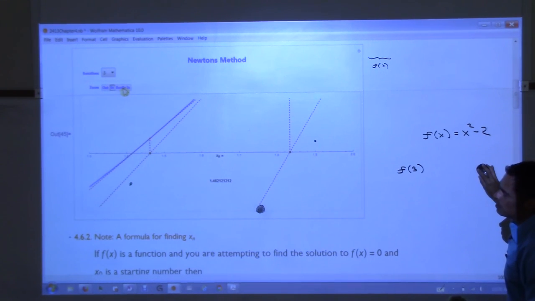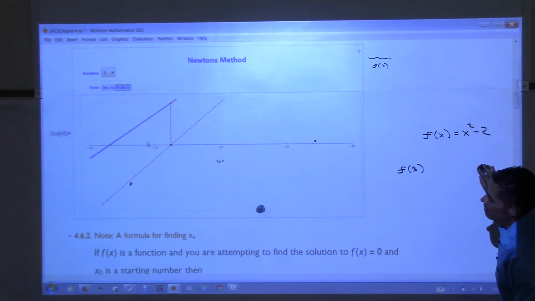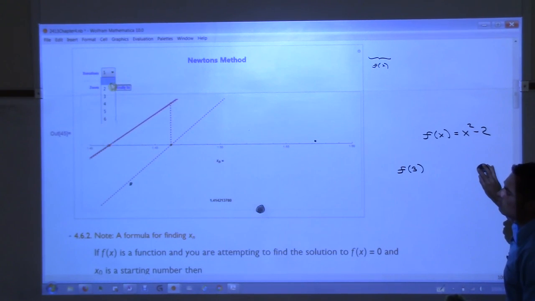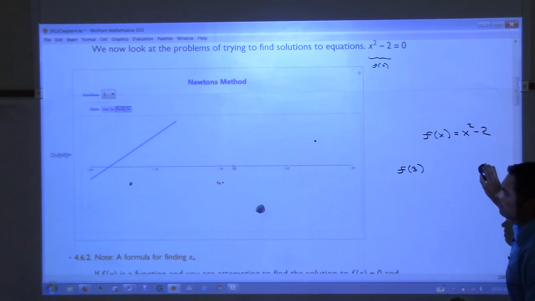So I'm going to zoom really, really far in. And it's still really close, isn't it? And I've only done like 3 or 4 iterations. So if I do maybe 5, you can't even see them in there. But I want you to see here, let me back up to 1. When we did 1, zoom out, zoom out.